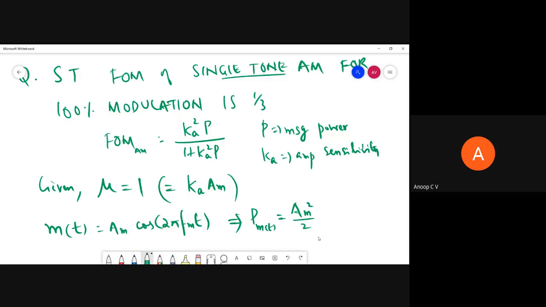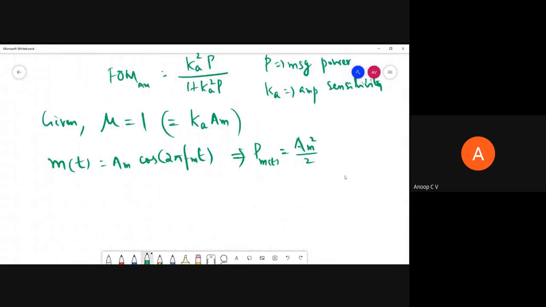Now, what is the time domain expression of single tone modulation?